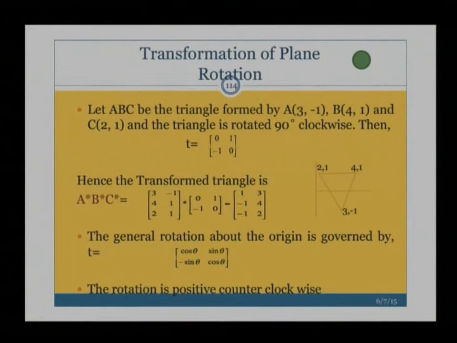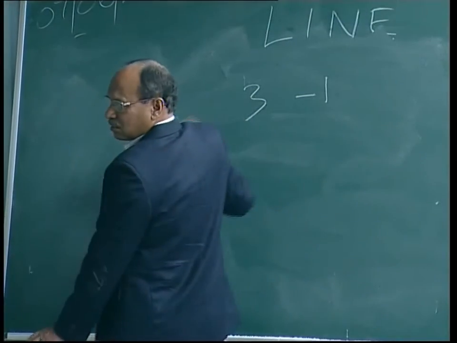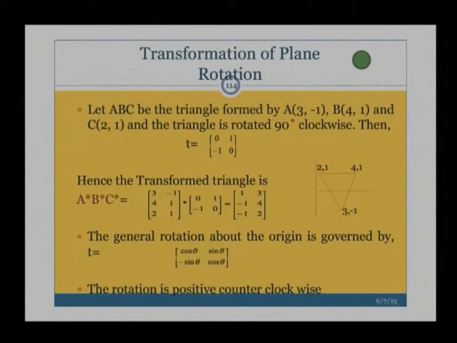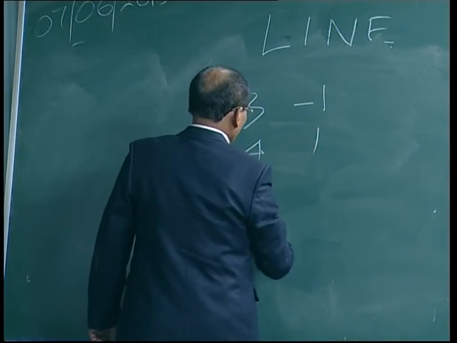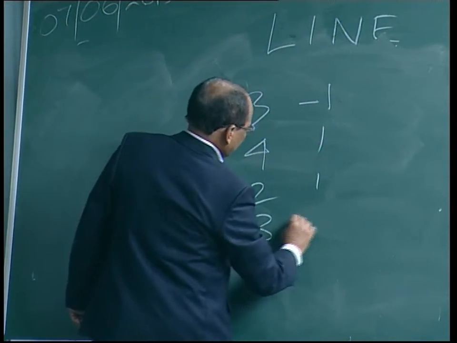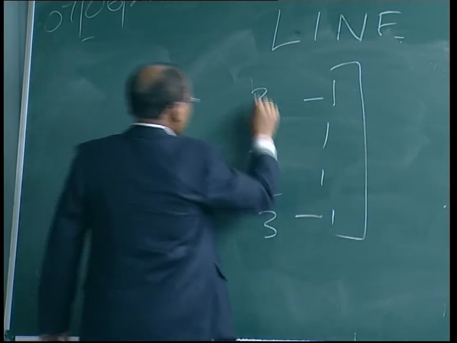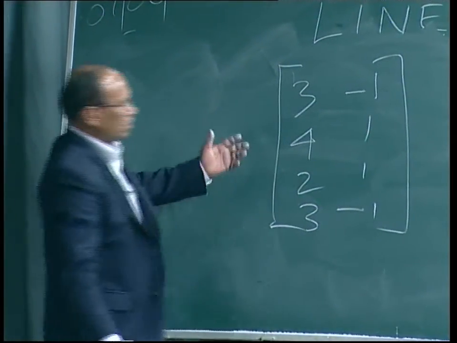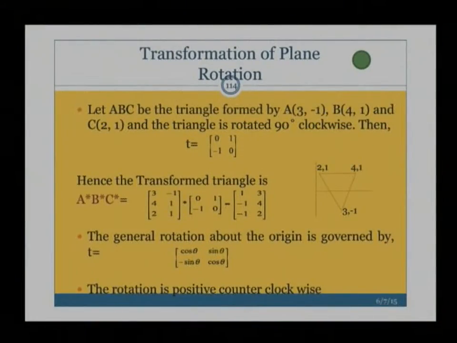Anyhow, the points are 3, minus 1; 4, 1; and 2, 1. Again: 3, minus 1; 4, 1; 2, 1. If you plot this, it will create a triangle.